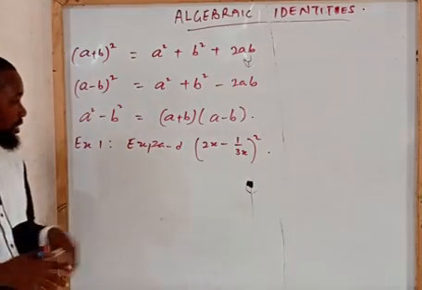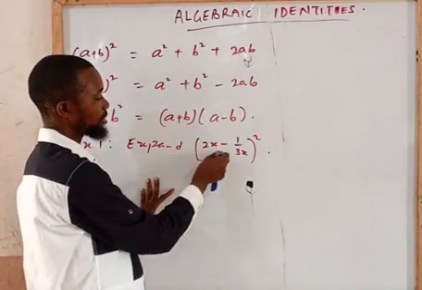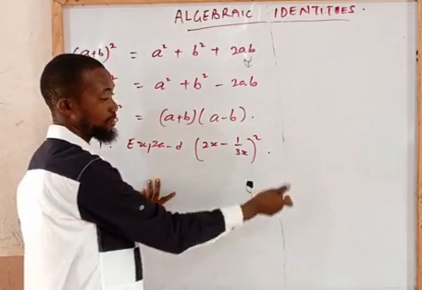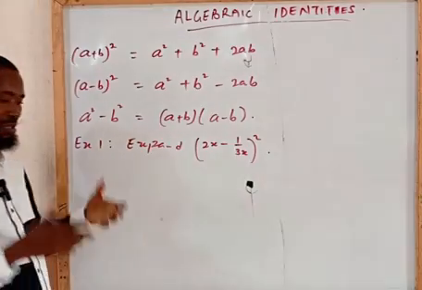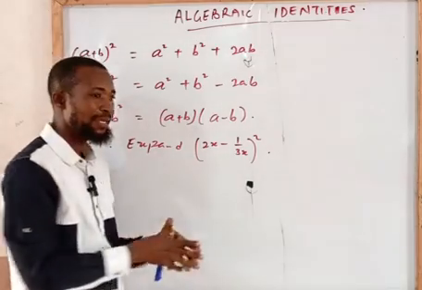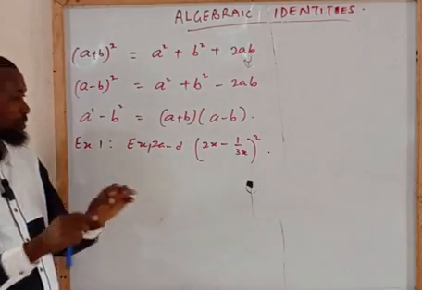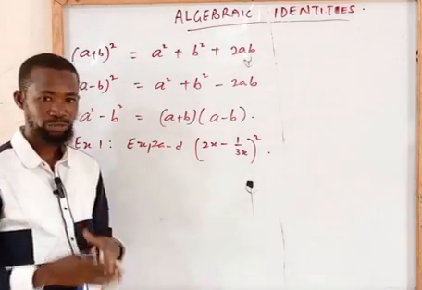One way is simply to say that this is equal to 2x minus 1 over 3x times 2x minus 1 over 3x. That's one means by which we can carry out this expansion. Another means is to apply the process of expansion under the Pascal triangle that we just did. That one can as well be used.